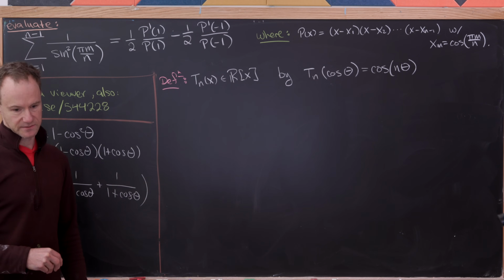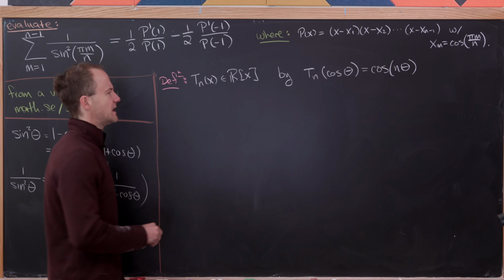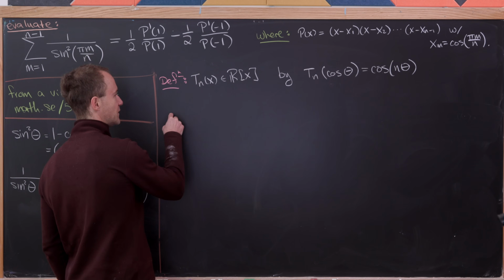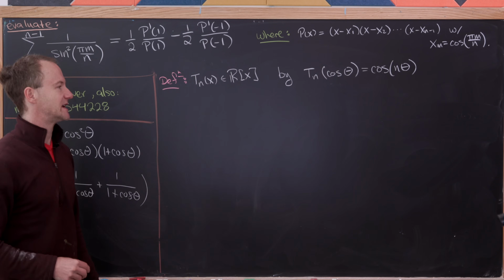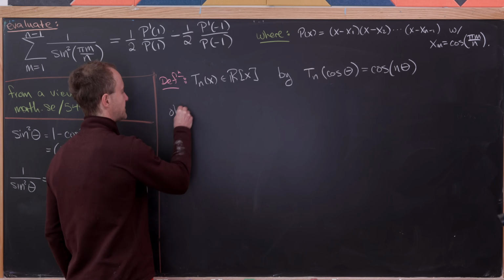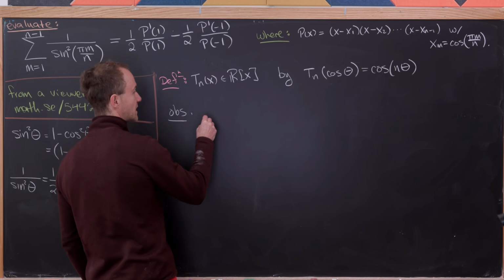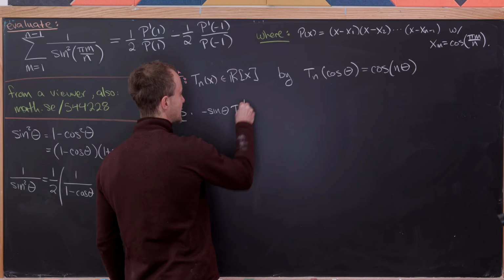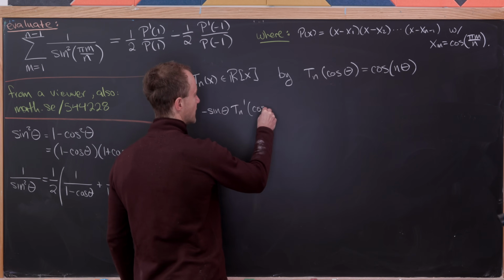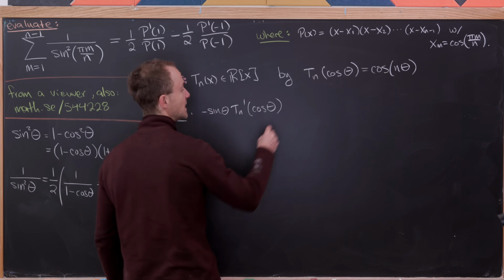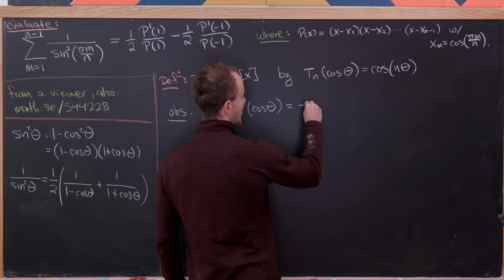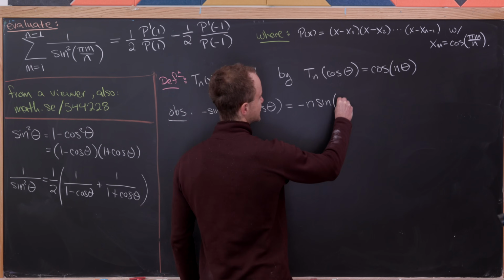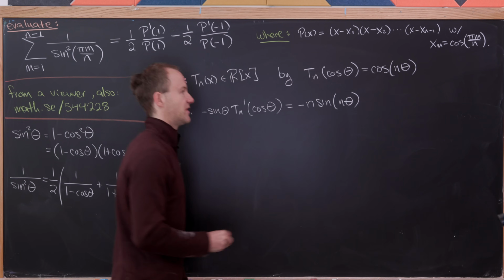Okay, nice. But now let's observe that if we take the derivative of both sides with respect to theta, we'll get minus sine theta times T_n prime of cosine theta equals minus n times sine of n theta.